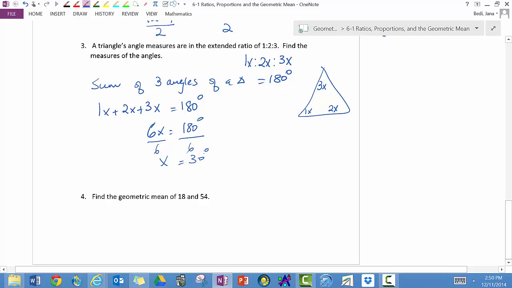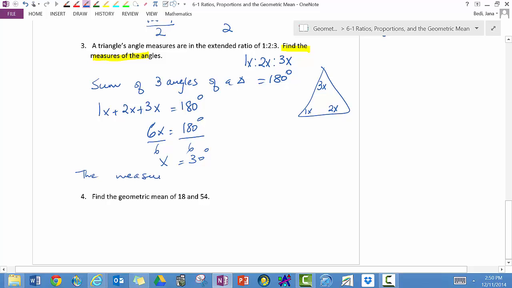Have we answered the question? The question says find the measures of the angles. So the measures, always answer the question.